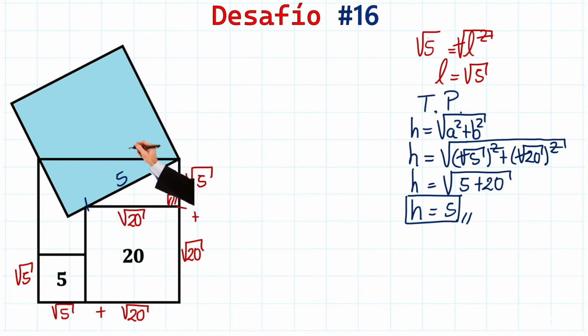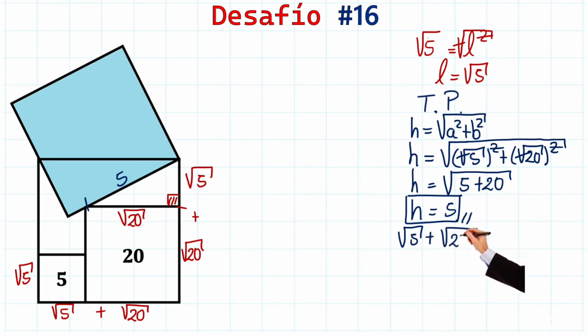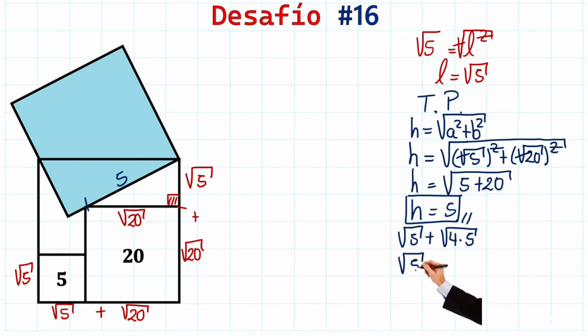We can write it differently. Look, we're going to add these two roots. And you might say it can't be done because they're different roots. But it can, see? The square root of 5 is the square root of 5. And the square root of 20 can be written as 4 times 5, right? 4 times 5 is 20. We take the square root of 4, which is 2, and we still have this root here plus over here, the square root of 4, which is 2.